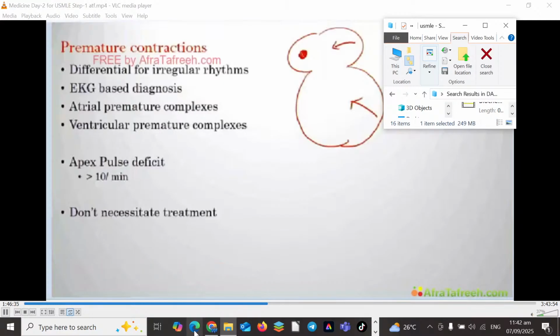Whenever you have an atrial ectopic, how would it go? It will go and hit somewhere along the conduction system because the atria is so small. The ventricles will ultimately get the impulse from the conduction system only.